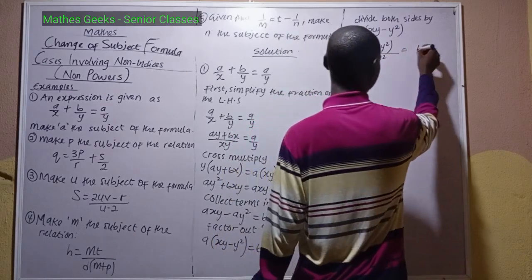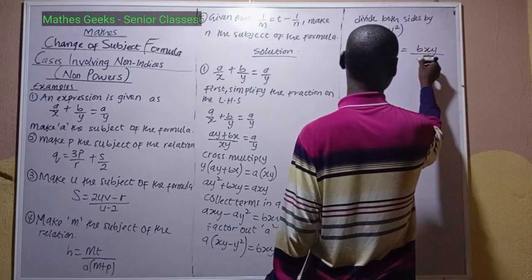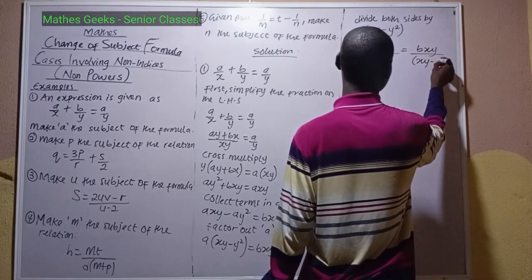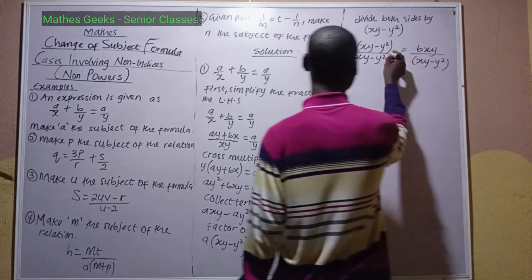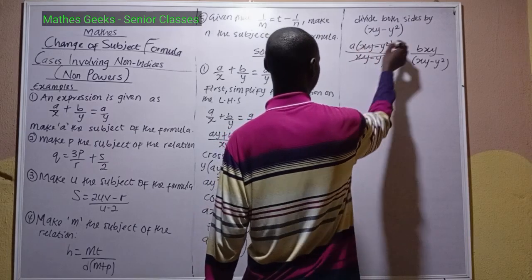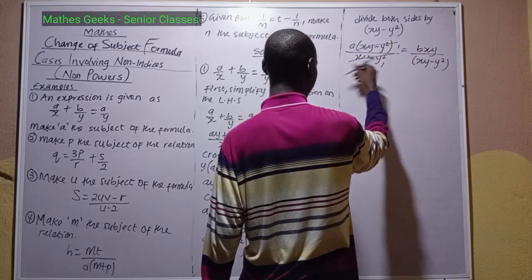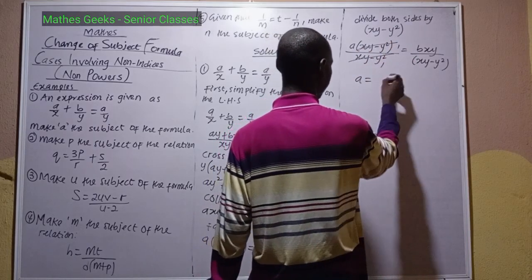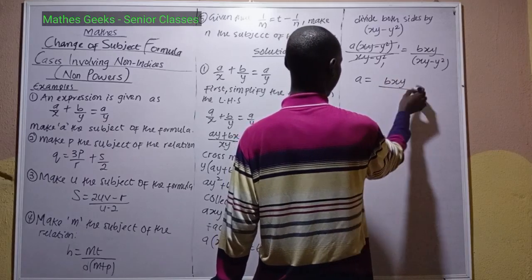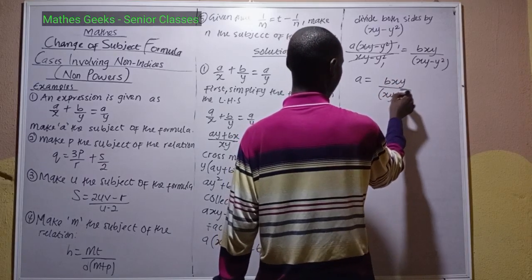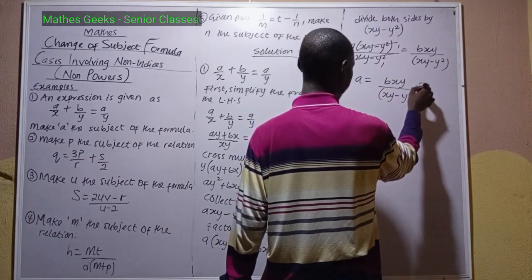So P equals BXY over XY minus Y squared.